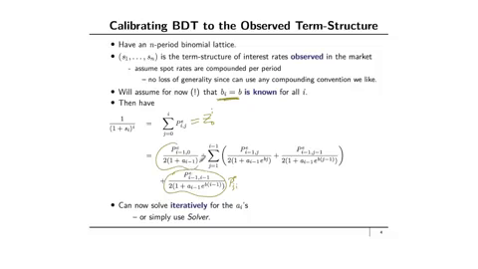This term is equal to P_i0. And then this term here is simply P_ij when j is between 1 and i minus 1. This expression is coming from the forward equations that we saw in the previous module. Given this, we could now solve iteratively if we wanted to for the A_i's.